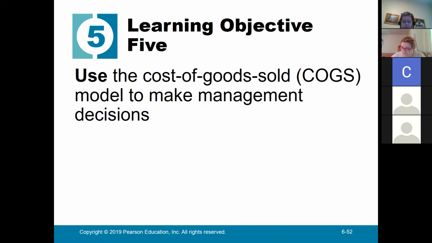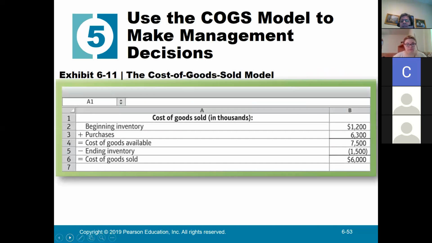Make management decisions. So this is, I like to say, your check figure. When you're using the perpetual inventory, you're calculating cost of goods sold every time you make a sale. But at the end of the year, or at any point during the process that you need to check how things are going, or whether your calculations are correct, this is the way you do this.